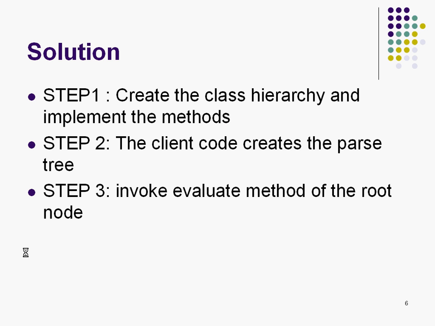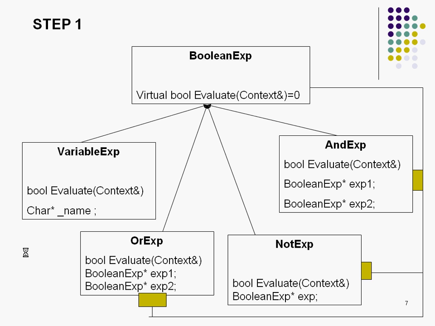So we would solve this problem in 3 steps, and let's just blindly follow the 3 steps. The first step is to create the class hierarchy and implement the methods. The class hierarchy is shown in this particular picture, and it is going to have a class for each of the rules of the grammar.